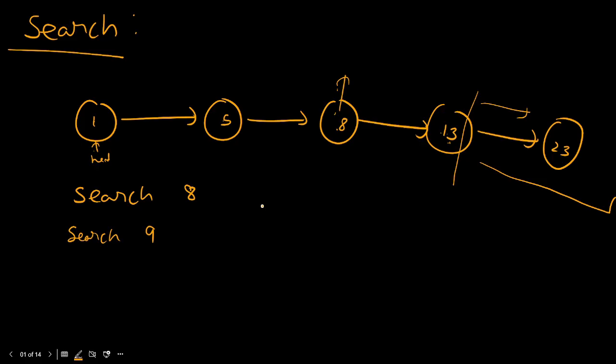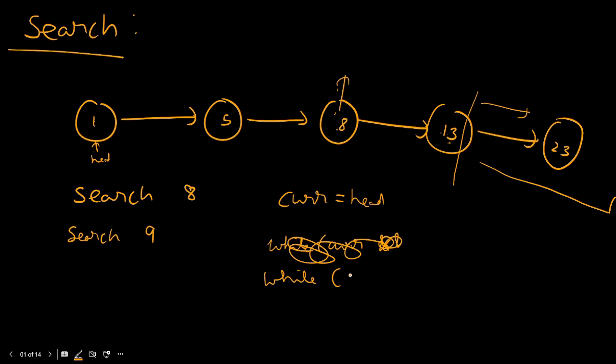Now let me write basic pseudocode for this. We initialize a pointer called cur, equal to head. While cur not equal to null, and cur's value is less than or equal to key. You might have understood now why I'm writing while cur not equal to null at the beginning.